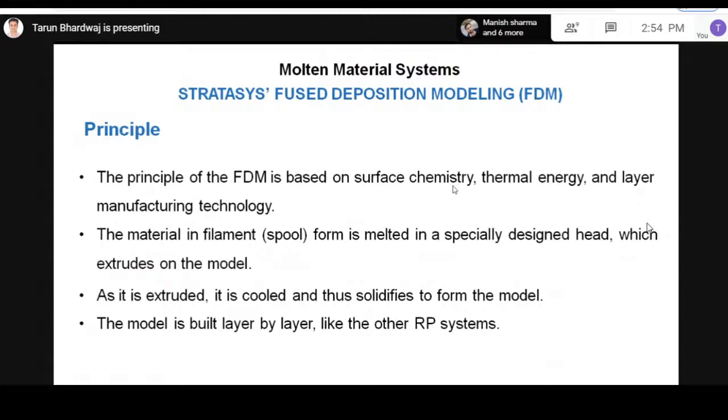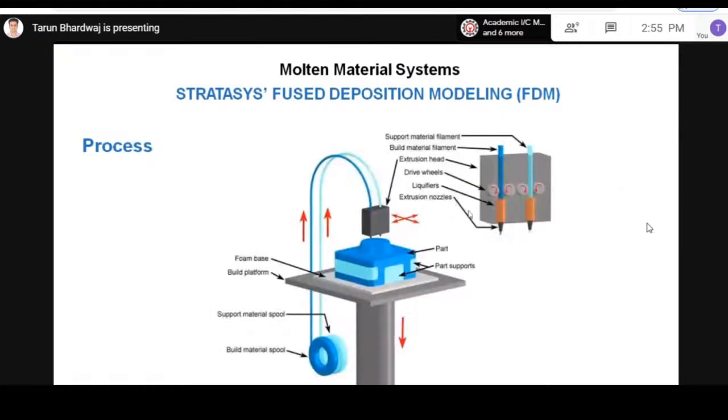How it actually works is that it has a material in the form of filament, and that filament is melted by a specifically designed head. The head contains a heater so that we can heat the filament, and that molten filament is extruded accordingly, whatever shape we require. As you can see in the principle of this particular process, we have the build material spool and the support material spool.